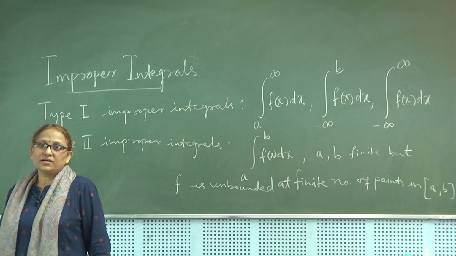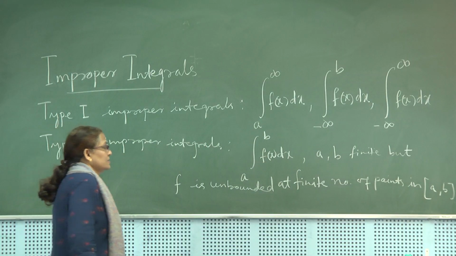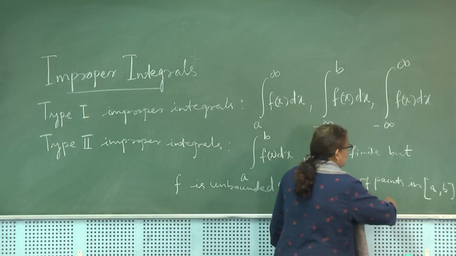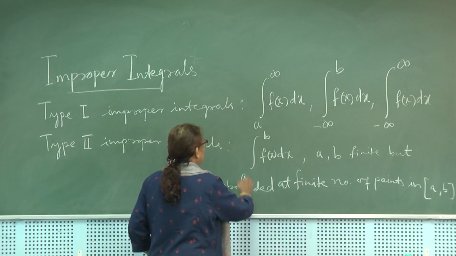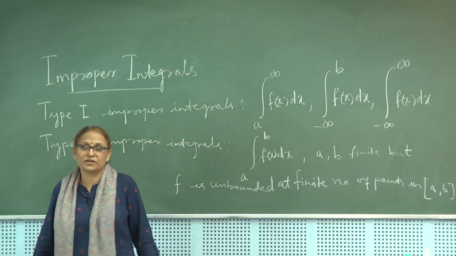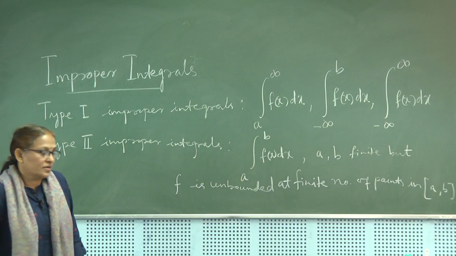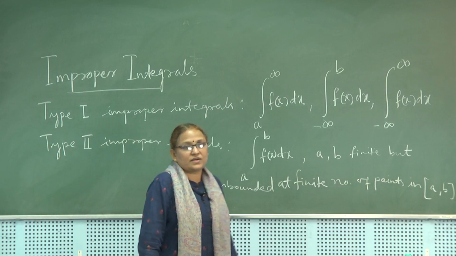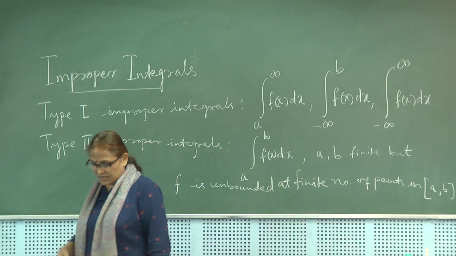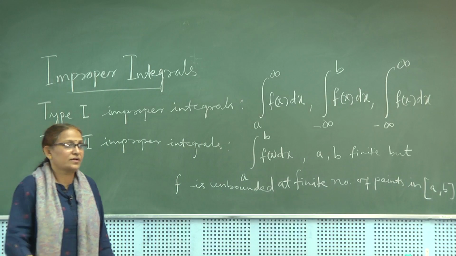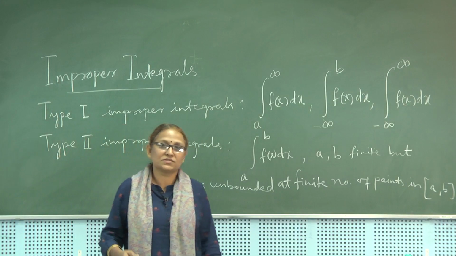And also I have given in the previous class the definition of convergence of such type 2 improper integrals. So, today we shall discuss some other kinds of tests of convergence of improper integrals.